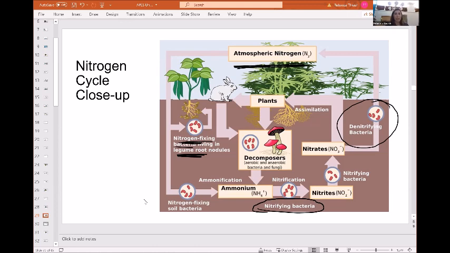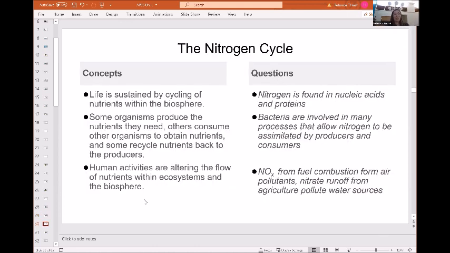So what do we got to be able to answer here? Well, we got to have nitrogen because it's found in things like proteins and nucleic acids. Again, bacteria are the most important organisms within the cycle. They basically allow nitrogen to be available to producers and then consumers. The way that humans alter the activities here are nitrogen oxides from fuel combustion and then nitrate runoff from agriculture.